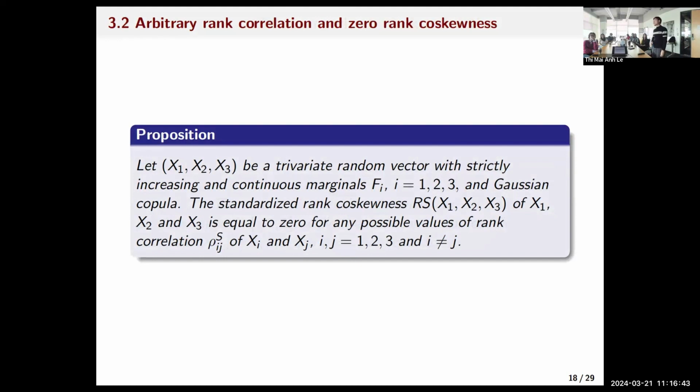The next subsection is called arbitrary rank correlation and 0 rank coskewness. In this proposition, we use the Gaussian copula and the marginals Fi to illustrate that the standardized rank coskewness of X1, X2, and X3 is equal to 0 for any values of the rank correlation of Xi and Xj.